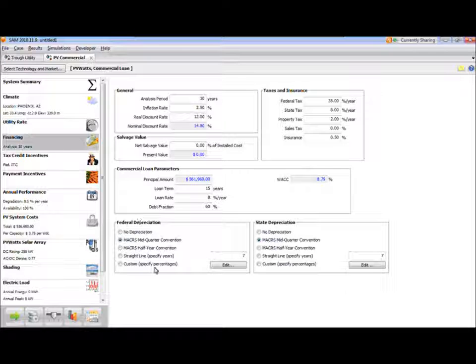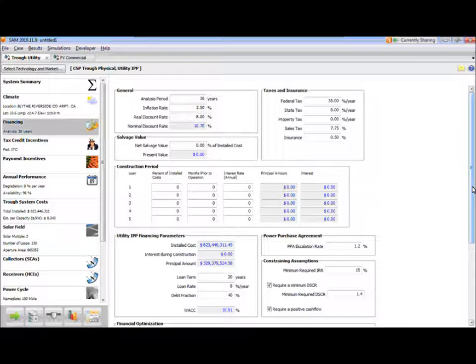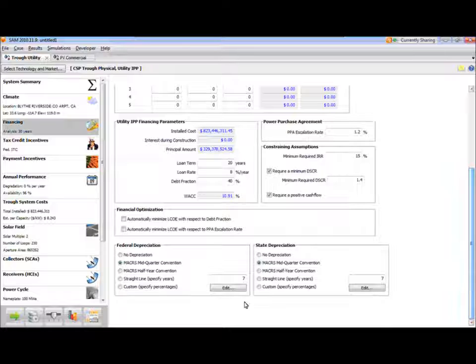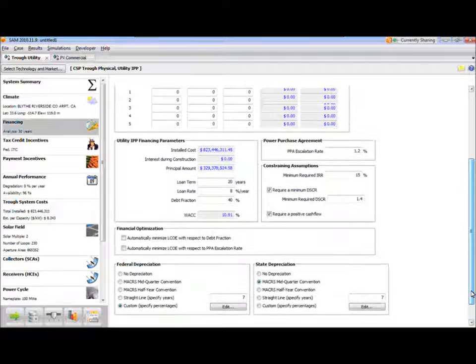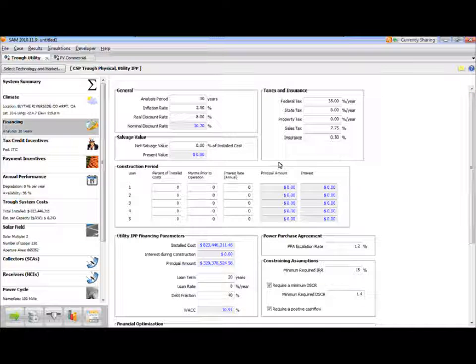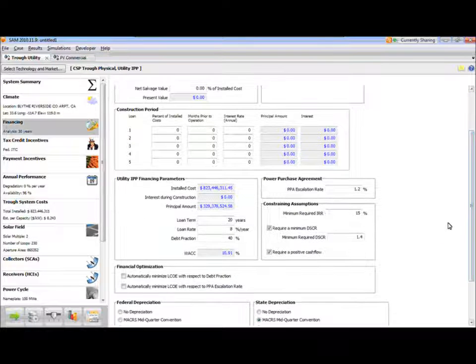And also the depreciation options are the same for commercial and utility. They're down at the bottom. I have to scroll down to see them. What's new for the utility case is these construction period inputs and these financial constraints and optimization options.